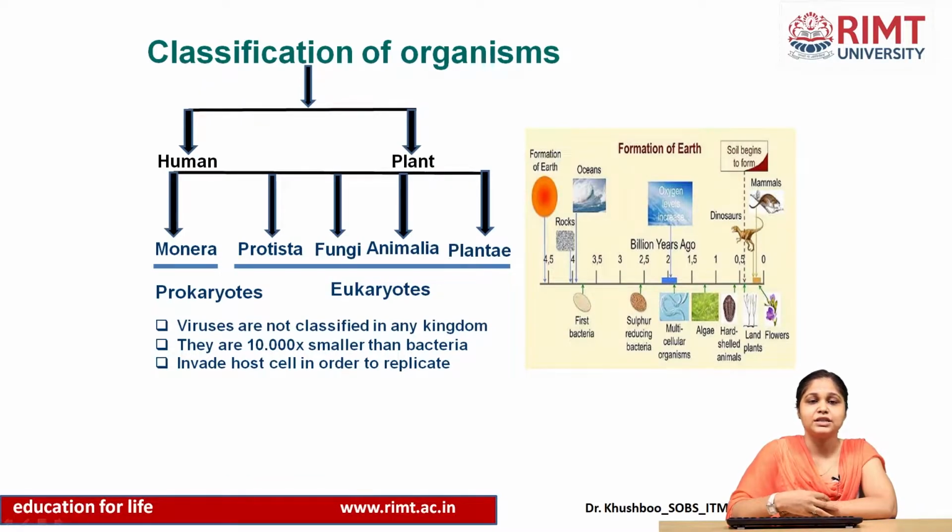So in this slide you can see the microorganism classification. Earlier, microorganism classification was very difficult for the taxonomists. So they classified organisms into two main categories, two domains: first, animal, and second, plant.